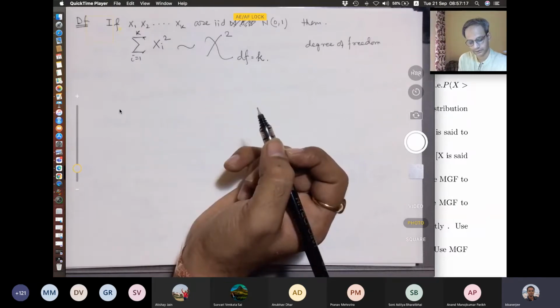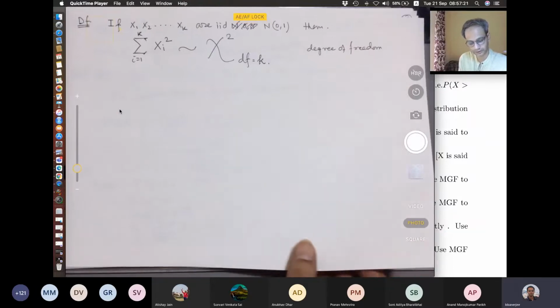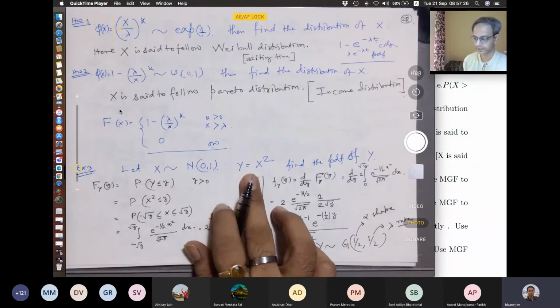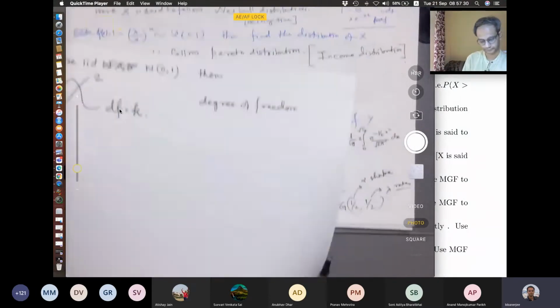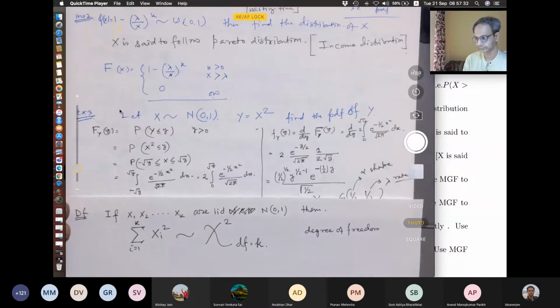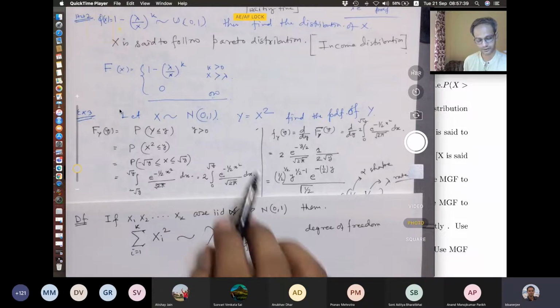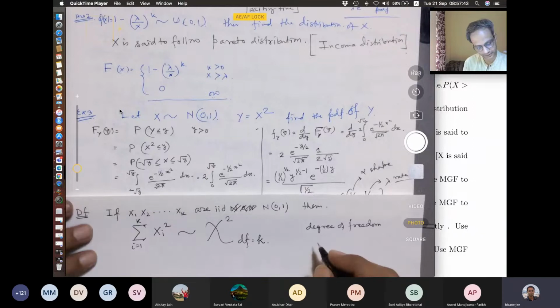Acha. So for this one, what will be the distribution of y in terms of chi-square? What will be the distribution of y if I say this is known as the chi-square distribution?